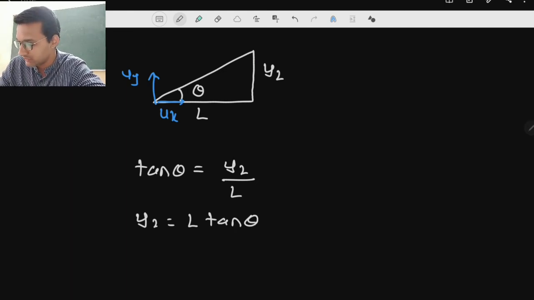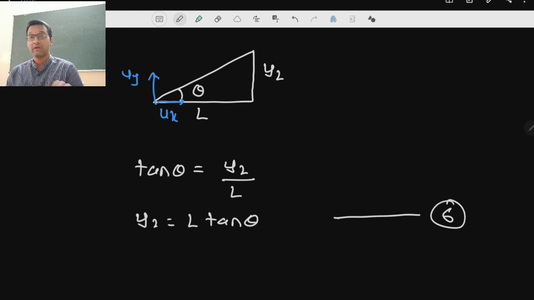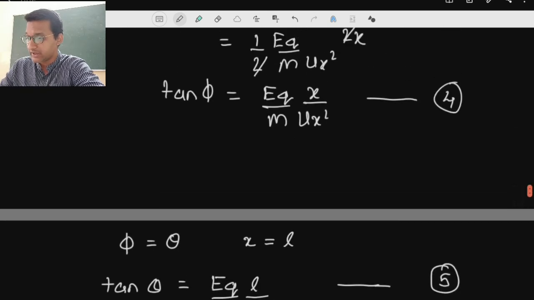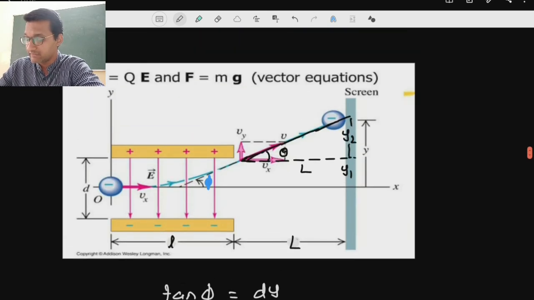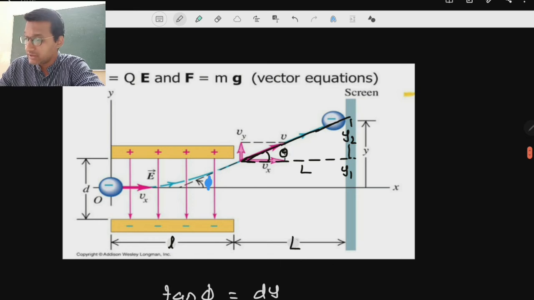Let us call this equation number 6. Now we have equation for y1 also and equation for y2 also. So now we can easily find the total displacement of that particle, that is y1 plus y2, and this y1 plus y2 will tell us exactly where the charged particle will hit the screen.